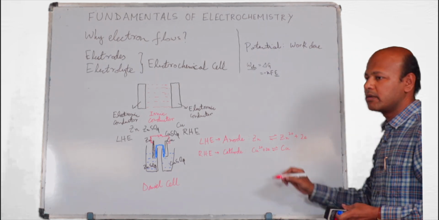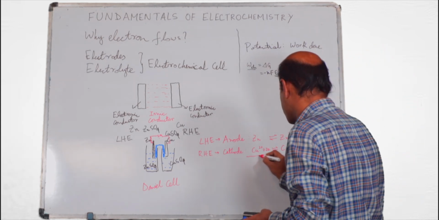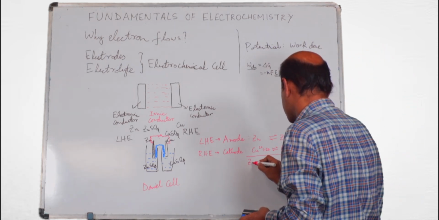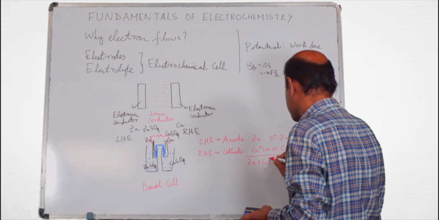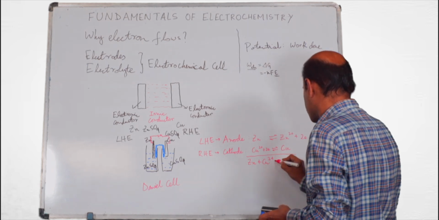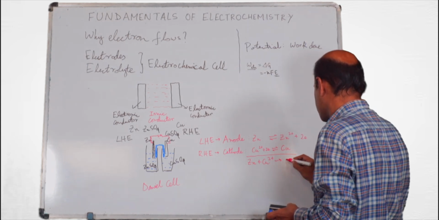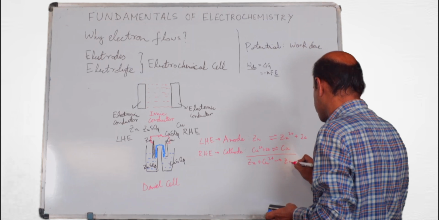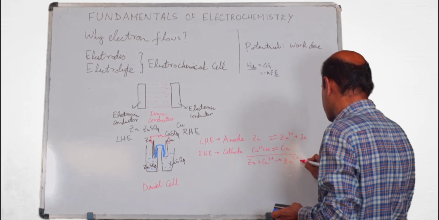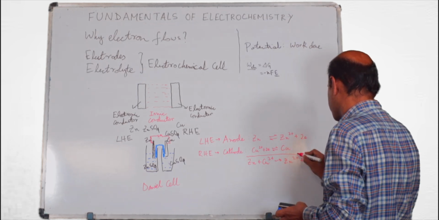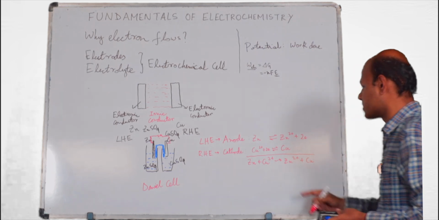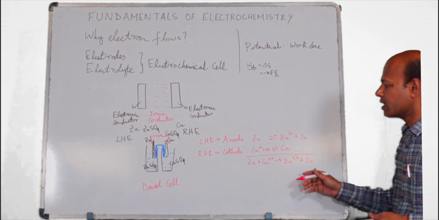So the net reaction is Zn plus Cu2+ gives rise to Zn2+ plus Cu. This is the overall reaction which we get from the Daniell cell.